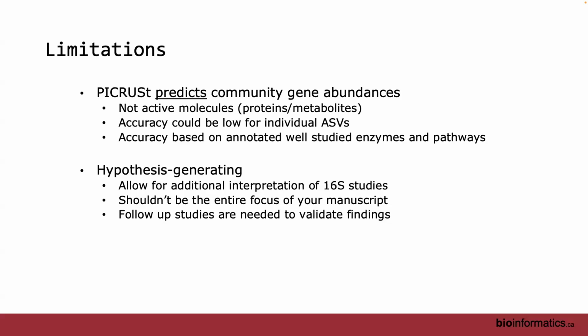We can't annotate them very well, so a large portion of those have unknown function. So PICRUSt isn't really talking about that cloud of genes whose function we don't know anyway, and that actually helps a little with why we see the accuracy pretty high.